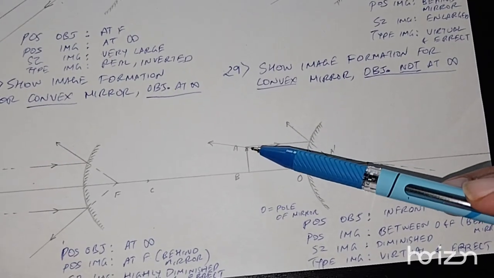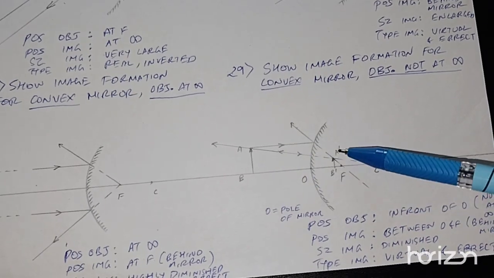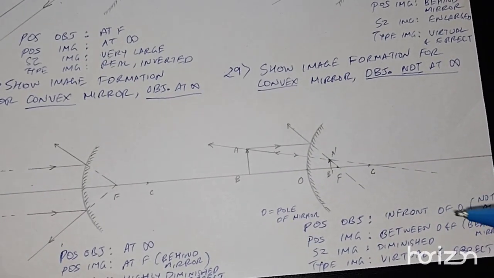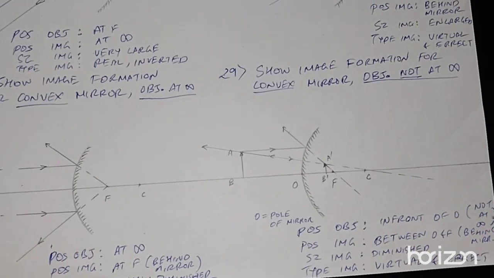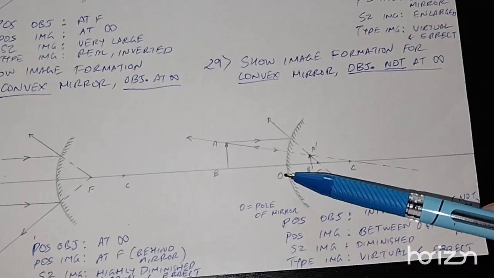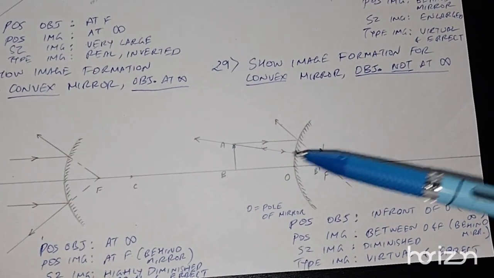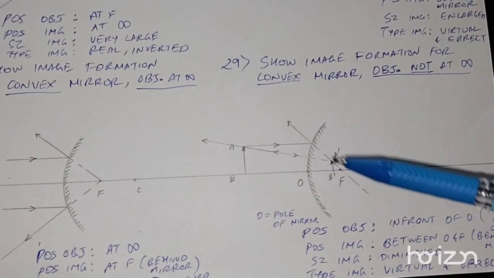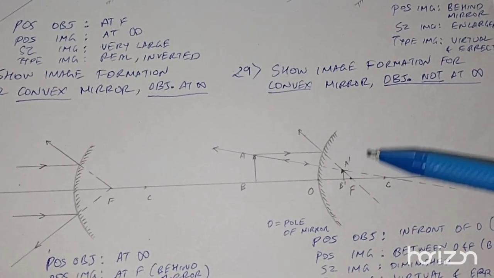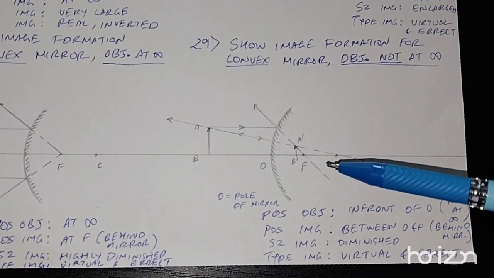So the image of A is formed at A dash, and the image formed of AB is A dash B dash. So if you place an object not very far but at some distance for a convex mirror, the image formed is between the pole and the focus, O and F. It is diminished because the size of the image is smaller than the size of the object, and it's virtual because it's behind the mirror, you cannot capture it, and it is erect.